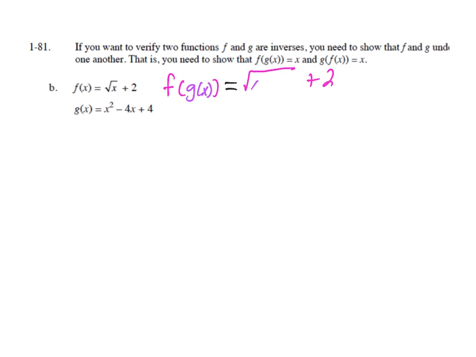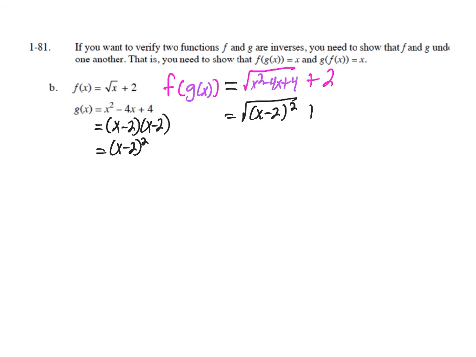G of x is x squared minus 4x plus 4. This looks kind of messy, but actually this factors into (x minus 2) times (x minus 2), or (x minus 2) squared. So I'm going to take the square root of (x minus 2) squared, plus 2.